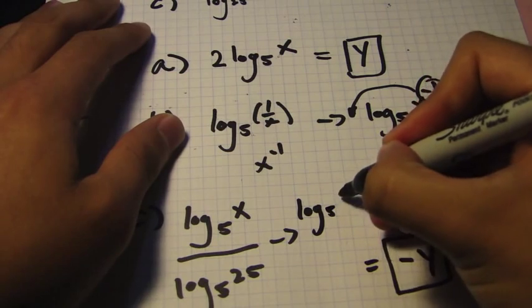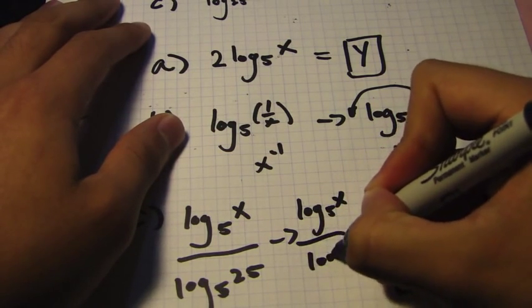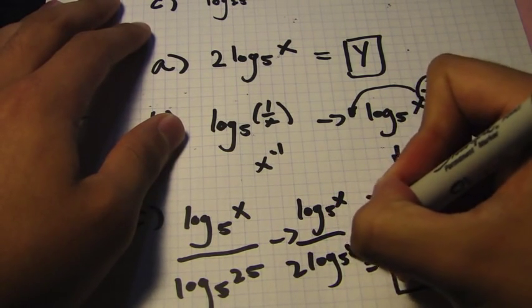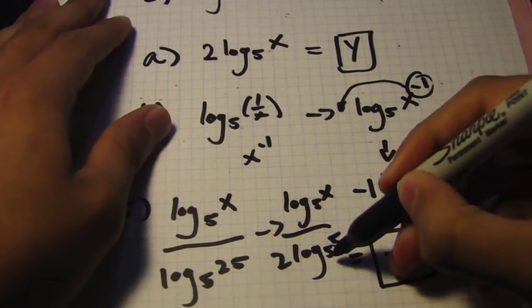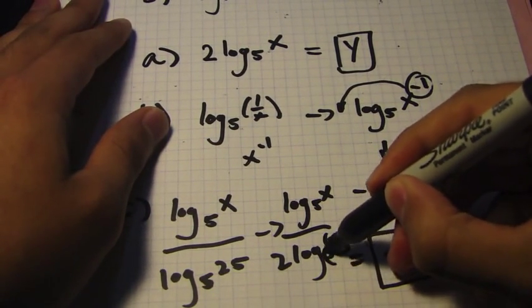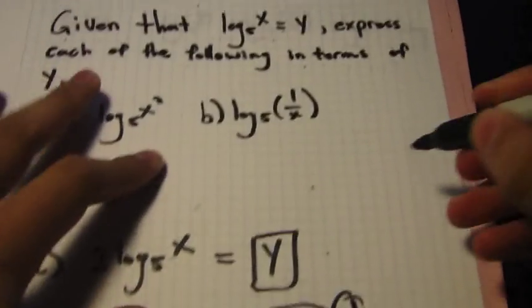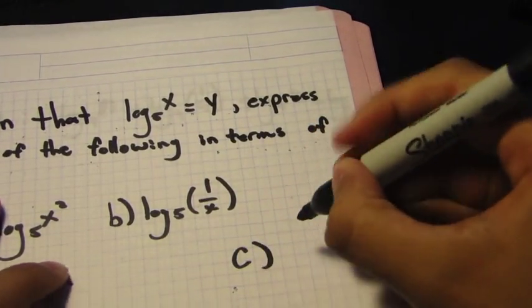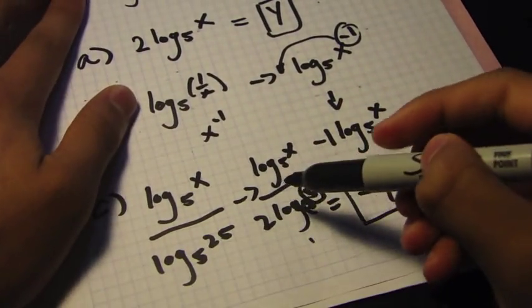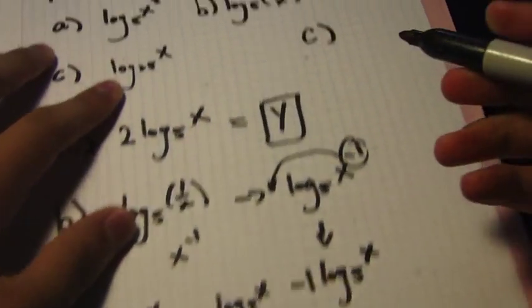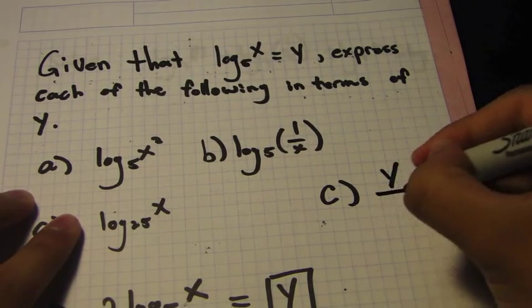Log base 5 x over log base 5 of 5. We know that if the number is the same as the base, it equals 1, so it's 2 times 1. Therefore, the answer for C is y over 2.